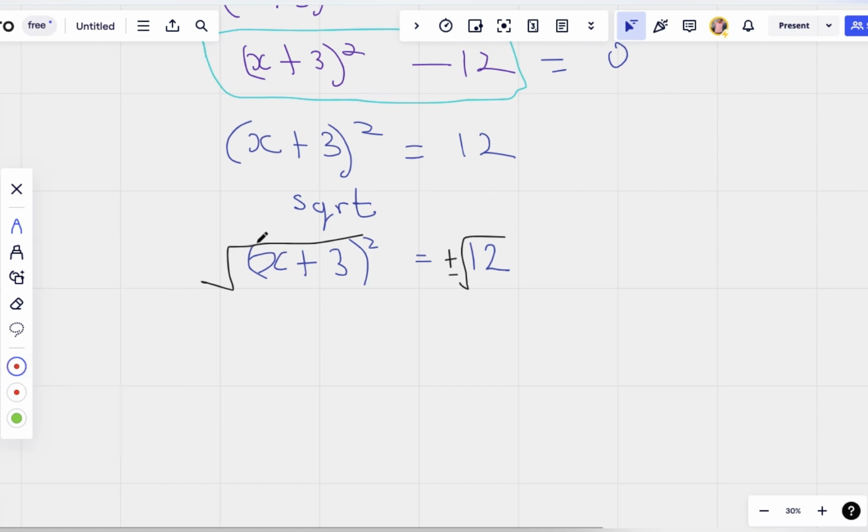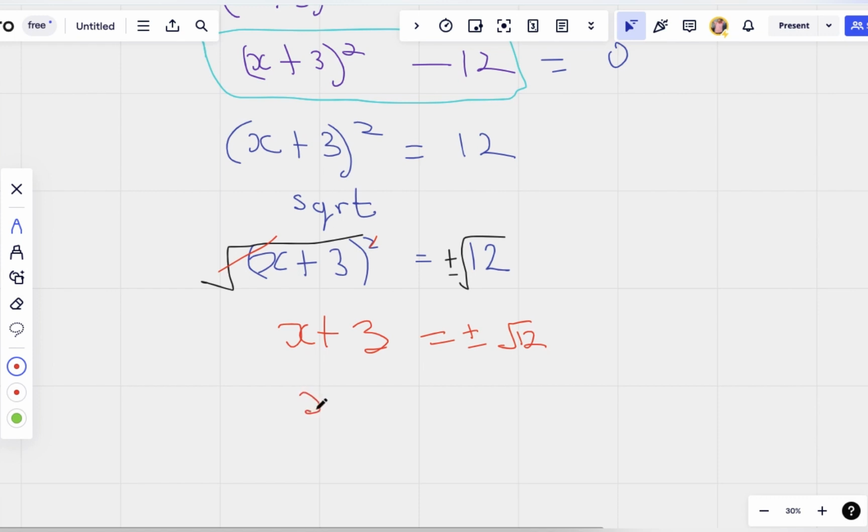Square root cancels the square. What we have left is x plus 3 equal to plus minus root 12. Someone please press the square root of 12, quickly.